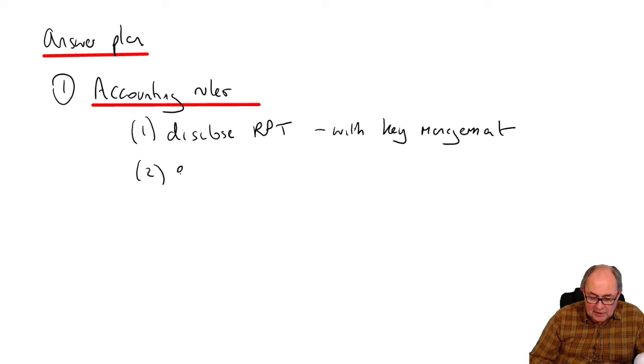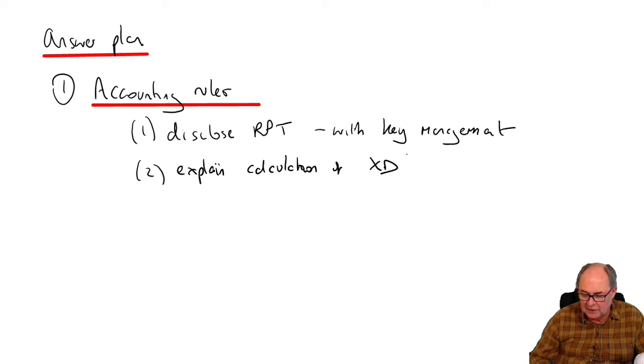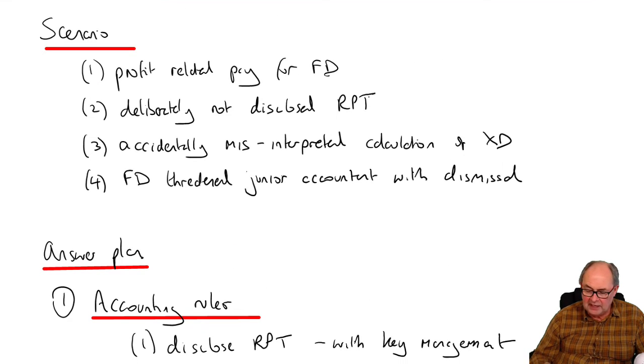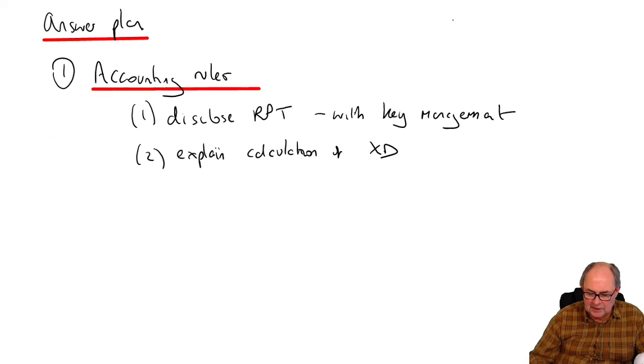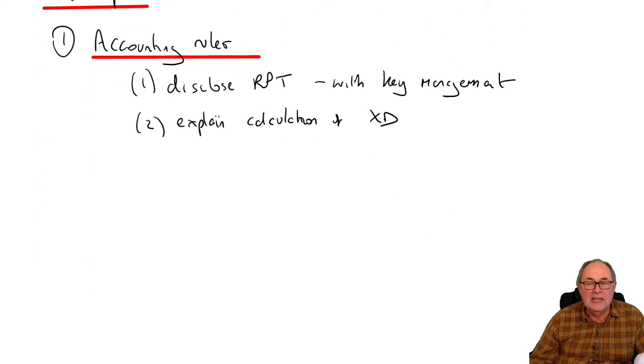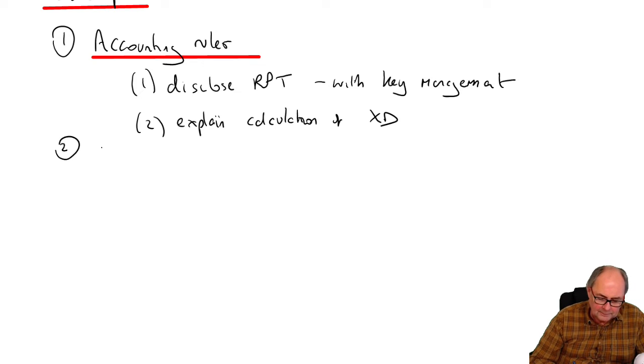Secondly, you would explain the calculation of the exchange difference. I've just put XD for exchange difference on a foreign subsidiary. And explain, of course, that it's recognised in other comprehensive income.